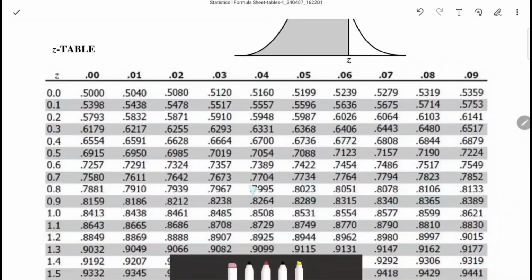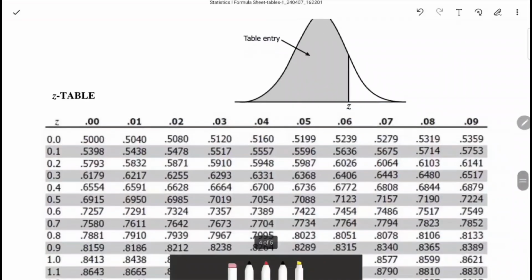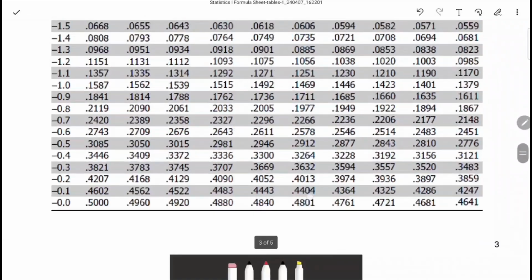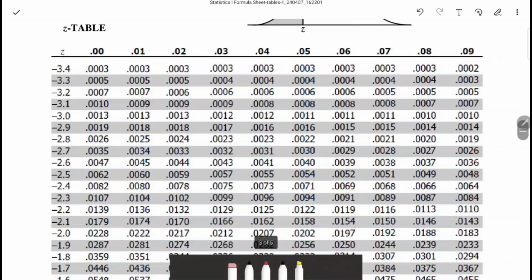And the areas on this table are always areas to the left of a specific Z value. All right, so we are not ready to come to this table yet because we do not have the Z values. So far we just know the X values, the actual values.